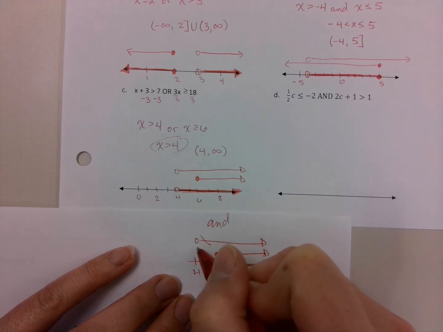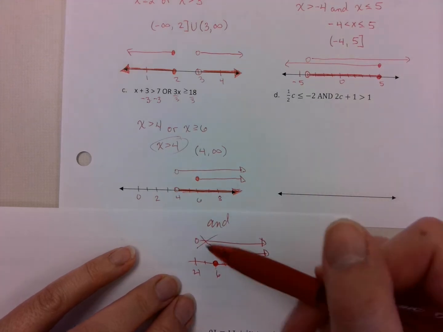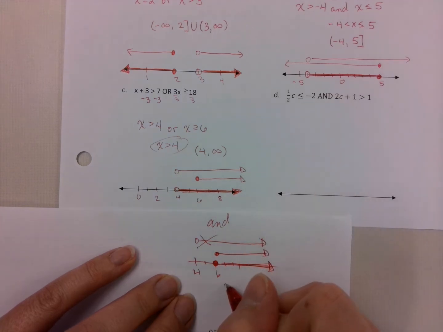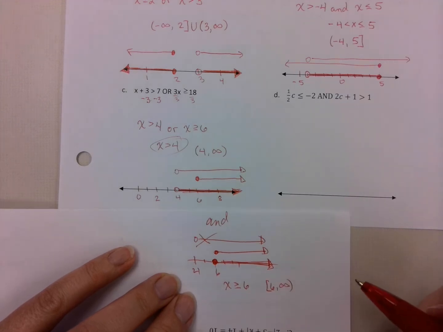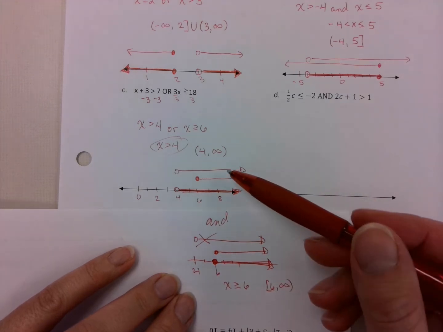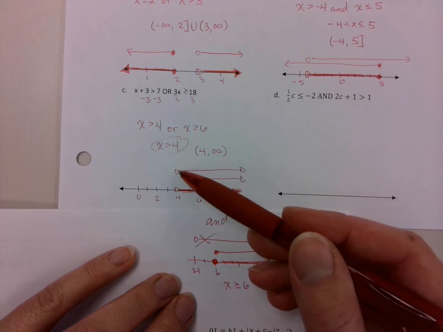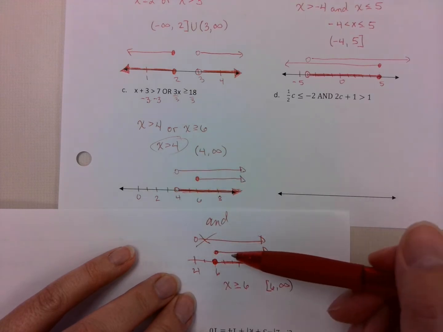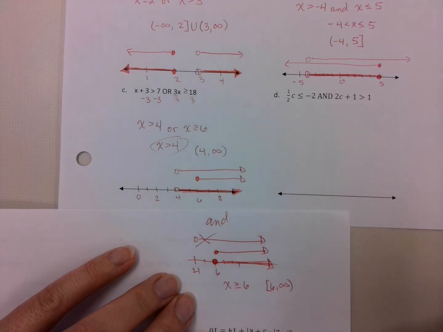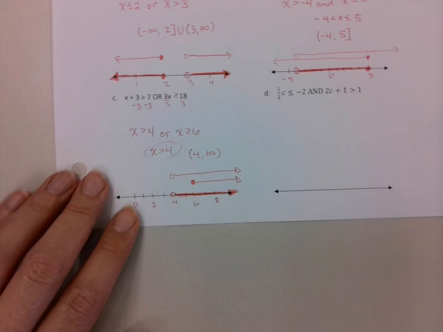And so all of that would be thrown out because they're not both true here. And so my answer would be x is greater than or equal to 6, or 6 to infinity. So be really careful. This is a special case for OR where you have more included. And in AND it's a special case because we have overlap but they're in the same direction that goes to infinity. So I just want to throw that idea out there.